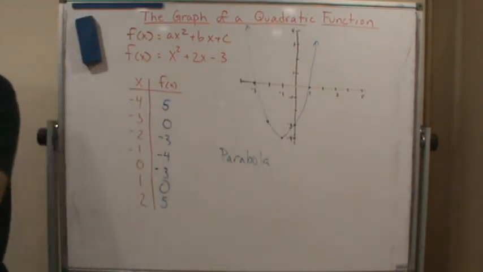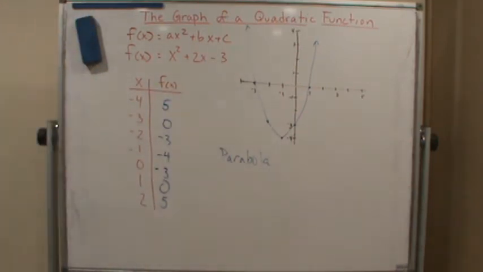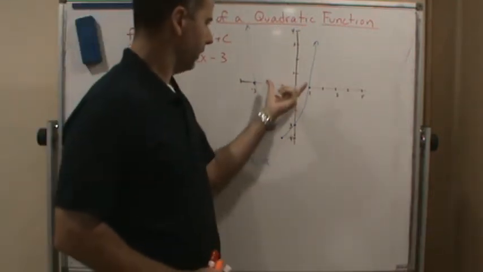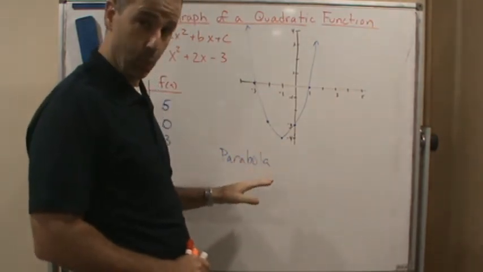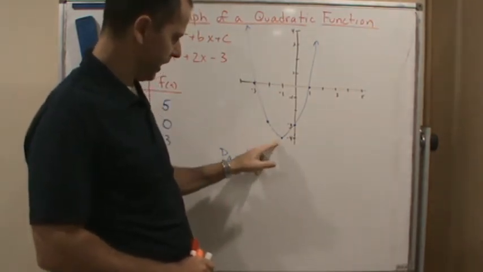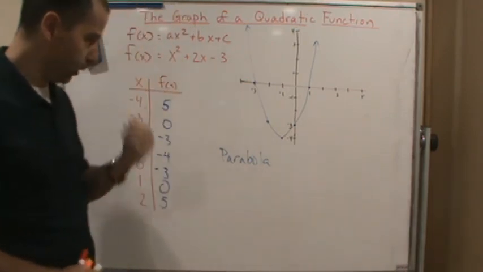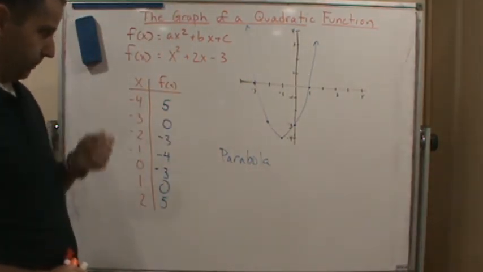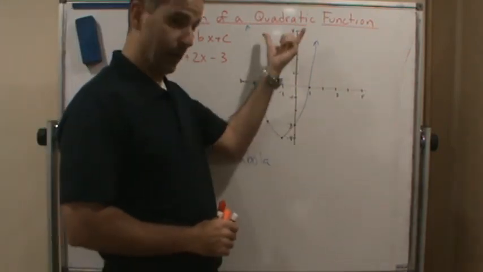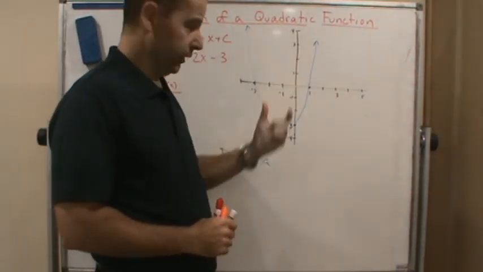We call these extreme values, or an extreme point. If the parabola opens upward like this, then there's always a minimum point. In this case, the minimum point is -1 comma -4, right here, and the graph opens upward.